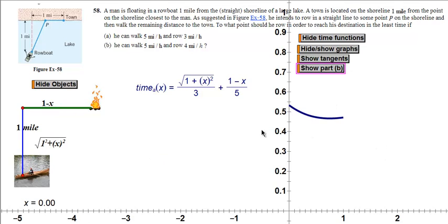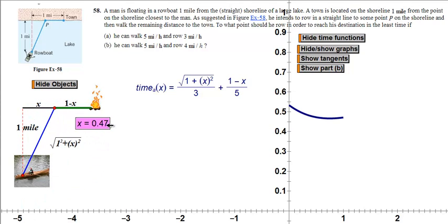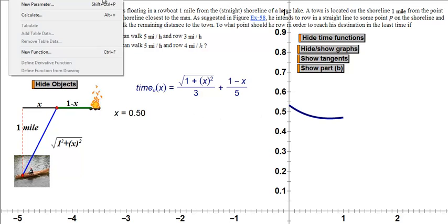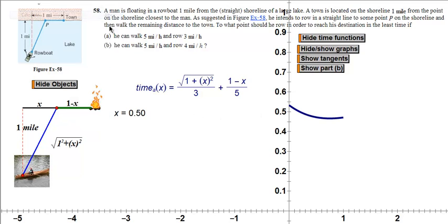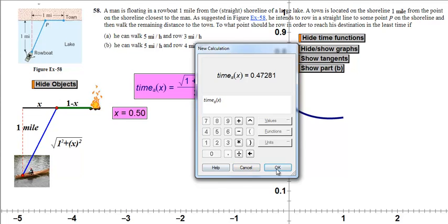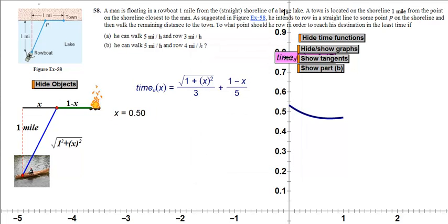Okay, so let's see how this function works. Again, what we're saying here is I'm putting x in, this is x right here, it's 0.47, because remember this whole thing is 1. So if he decided to go about halfway, we can just calculate the time of x. Here it is.